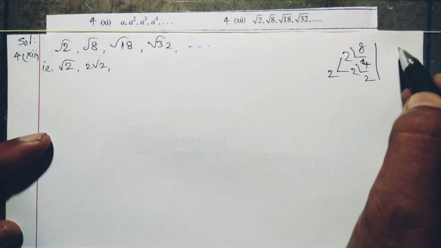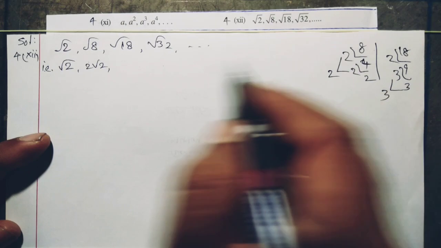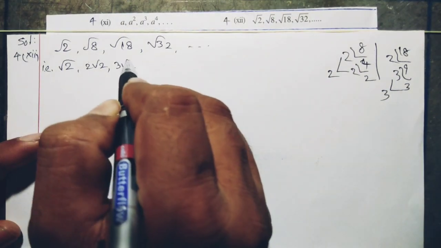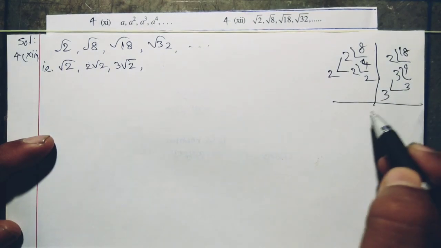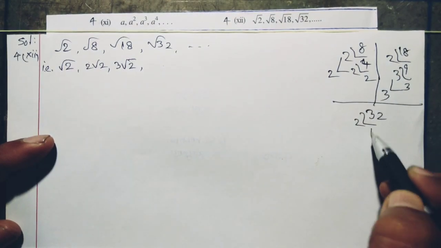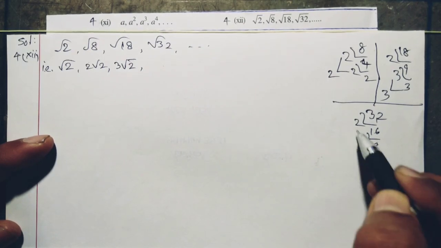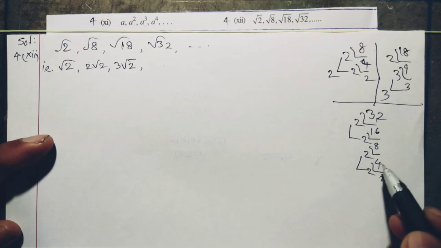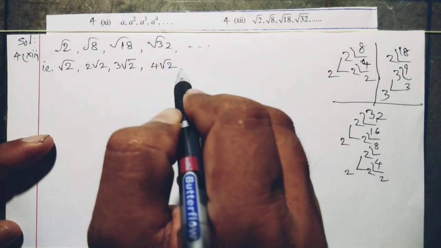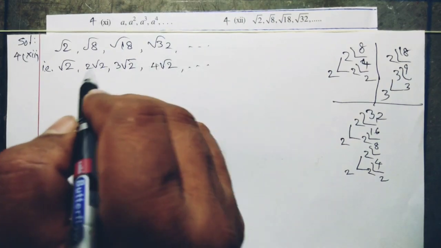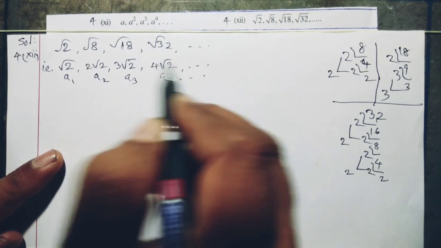Next, 18, 2 9s, 3 3s, so 3 comes out, 3 root 2. Next, 32, 2 16s, 2 8s, 2 4s, 2 2s, 2 comes out, one more 2 comes out, 2 2s are 4, 4 root 2. So these are terms 1, 2, 3, 4, and so on.